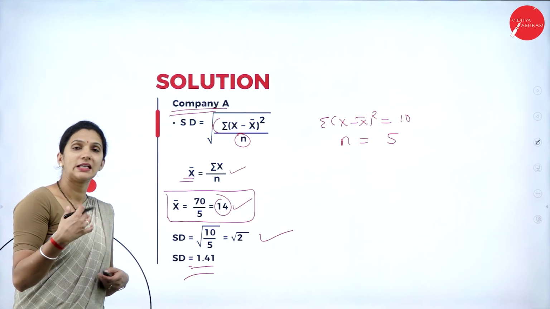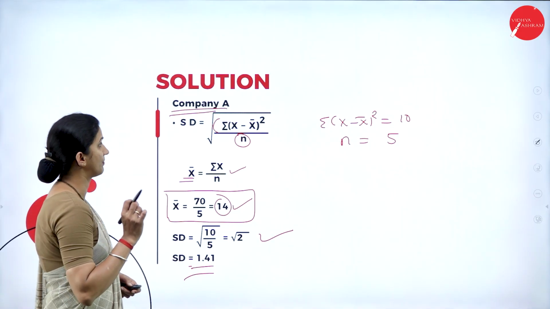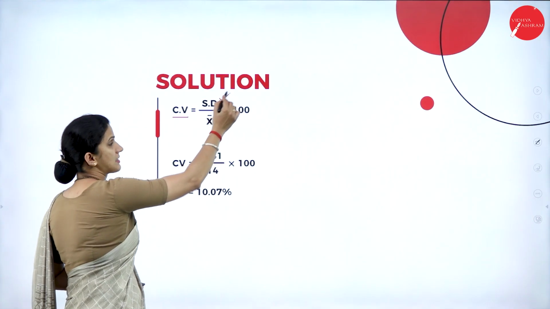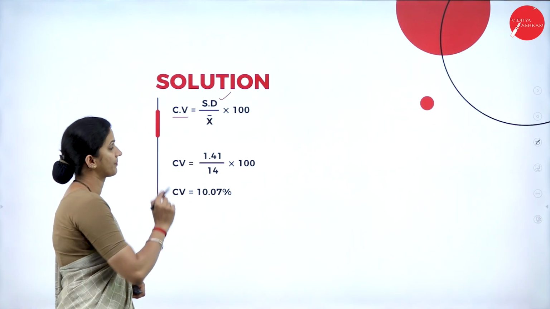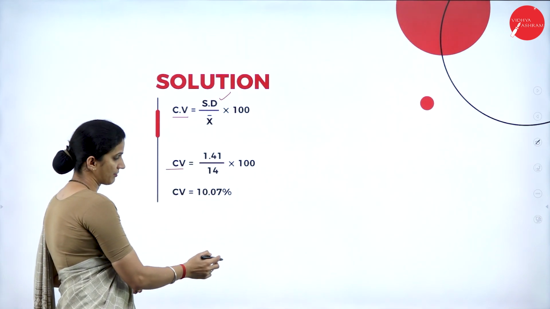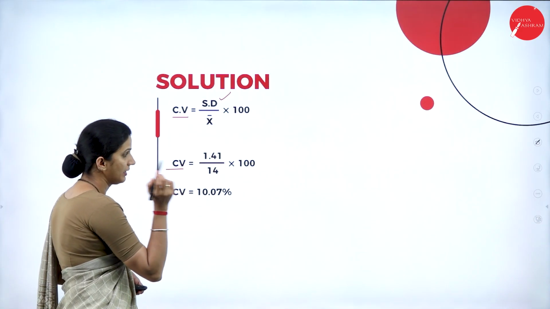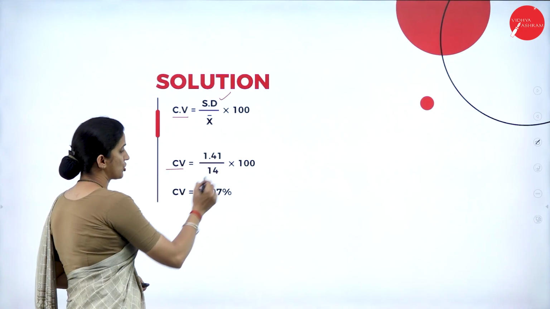Next step, easily we can find out what is the coefficient of variation. So coefficient of variation, your formula is standard deviation divided by X bar into 100. So the standard deviation that we have calculated here, 1.41, divided by X bar, which is 14, into 100.